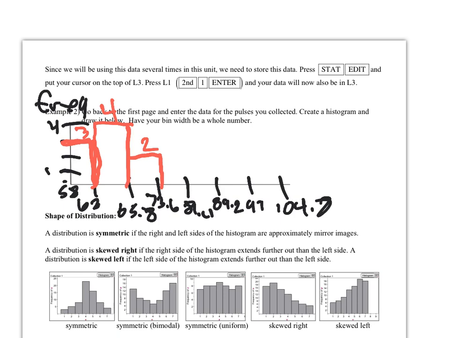I don't think the third one was 3, 4, 2, and then 4 again. Oh, that's what happened. I put the 2 there. So that one's 4. So I'll go 4 for this next one. Then there was 1 and a 1. Is that right? Wait, I'm missing a bin still. Yes. Where at?